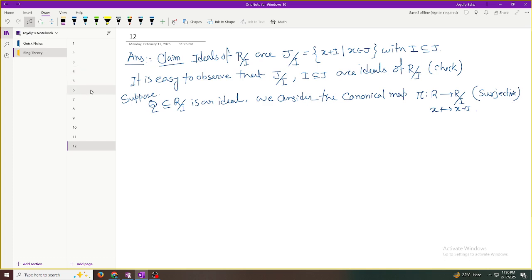Okay. Now, 0 plus I belongs to Q, because in every ideal 0 is there. This implies pi inverse of 0 plus I is a subset of pi inverse of Q, that is Q contraction.